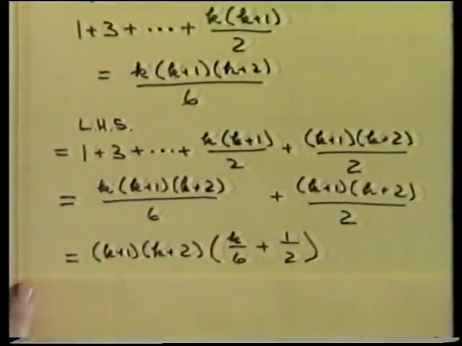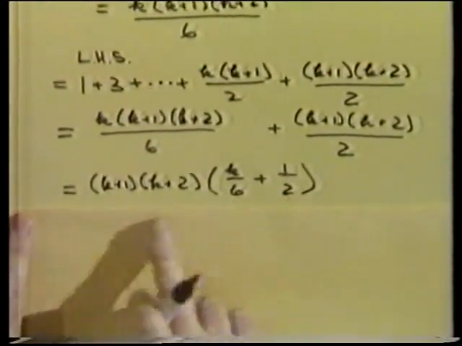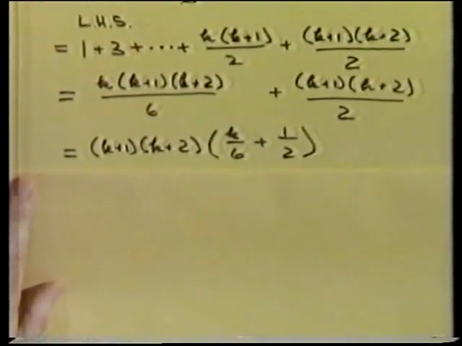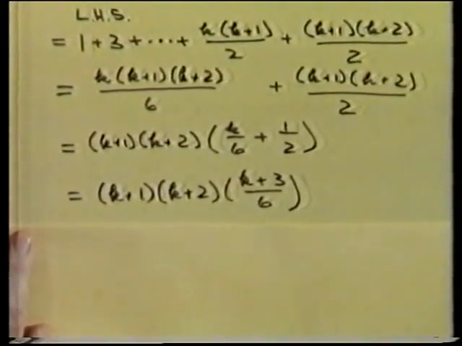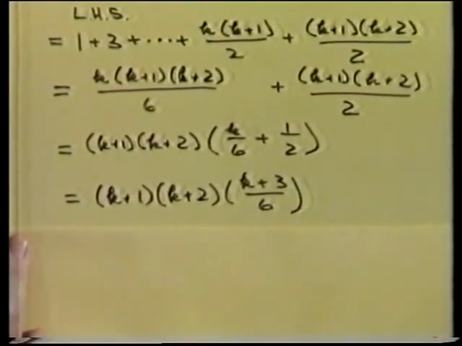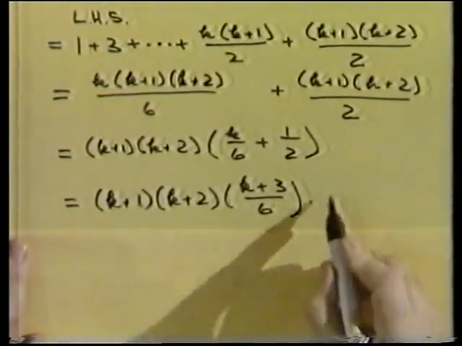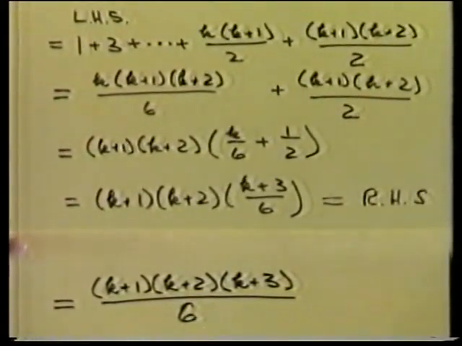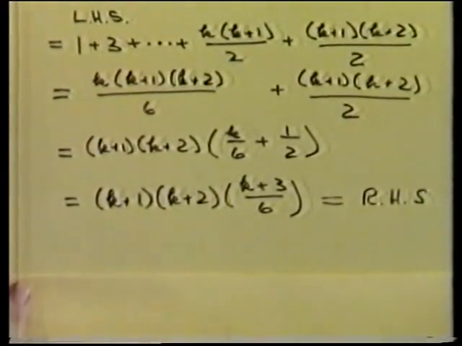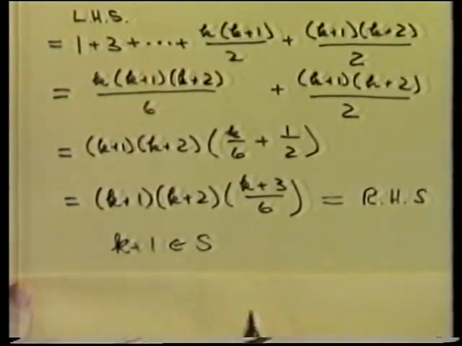Now I factorize out the two terms, k plus 1 and k plus 2, to get this, which simplifies to this, which is equal to (k plus 1) times (k plus 2) times (k plus 3) over 6, which is equal to the right-hand side of the statement for n equals k plus 1. And therefore, I do know that k plus 1 belongs to S.